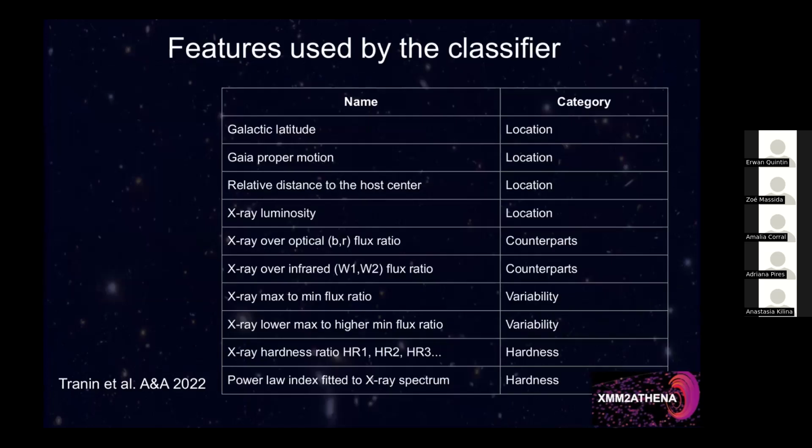This is the list of features that can then be used by the classifier: galactic latitude and longitude, the separation to the galaxy when it matches a nearby galaxy, the X-ray luminosity, the flux ratios, and also some variability quantities, very basic, like the maximum to minimum flux ratio.